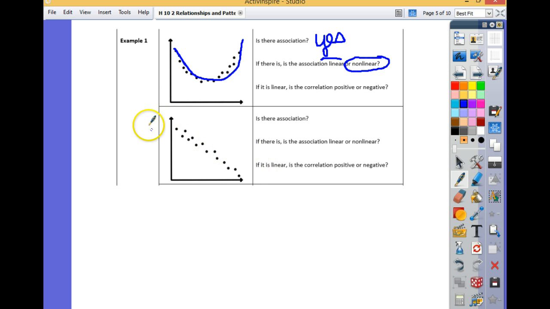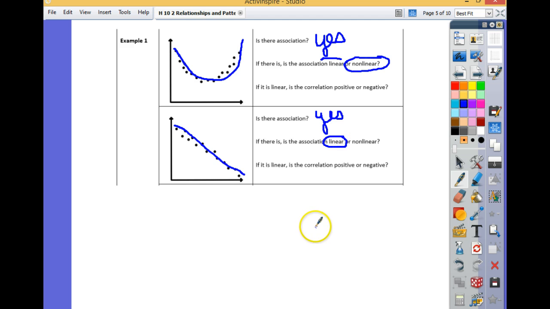How about this one? Is there an association? Yes. What is it? Looks like it's kind of going this way. We're going to learn trend lines tomorrow on how to put a nice straight trend line in that cluster. But anyway, did you say linear or nonlinear for this one? Linear.